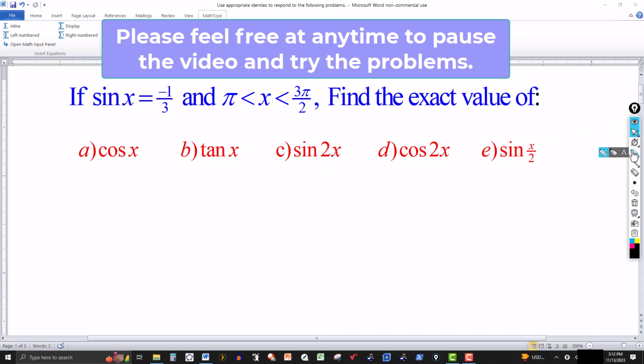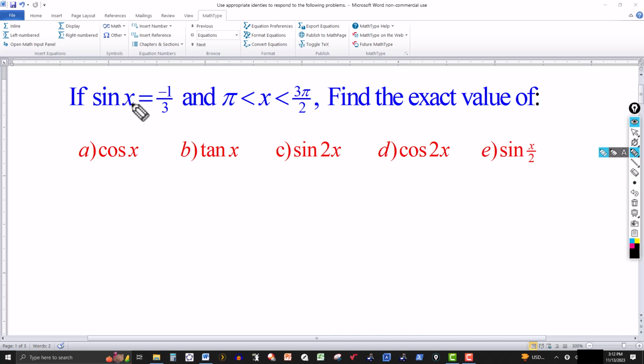Start off with the fact that we're given the sine of the angle. So I can define this as y over r. I'm going to use the fact that if I find a point on the terminal side of the angle, I can use that point to generate the trig function values of that angle. So I'm going to ignore the sign for right now and just call this a 1, this a 3 here.